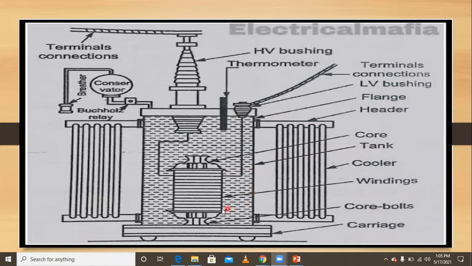In this tank, the core, the primary winding and the secondary winding are placed completely inside the transformer tank.